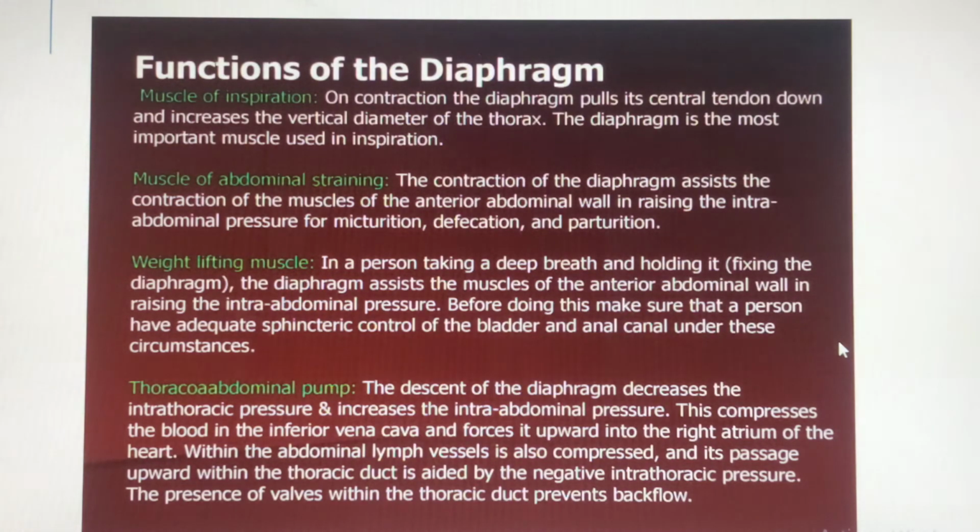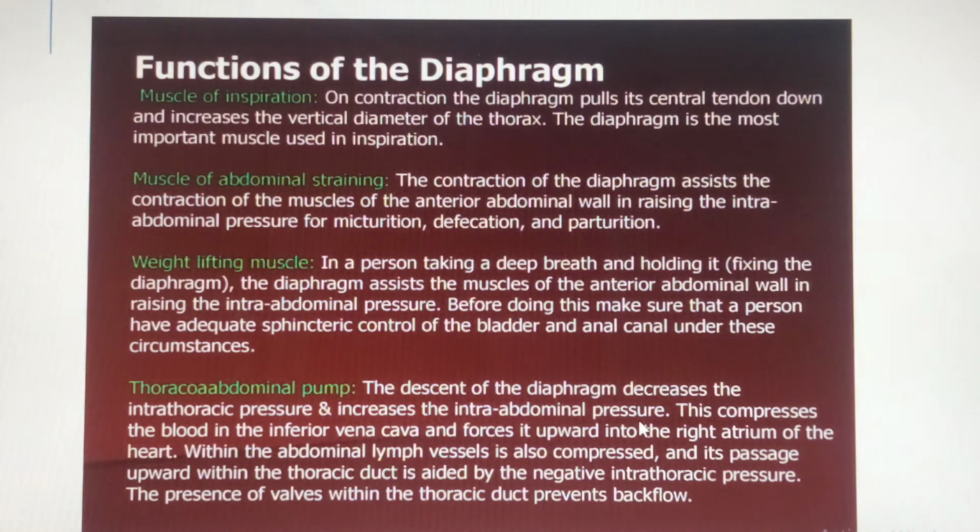One important thing is that the diaphragm, as it descends by contracting, decreases intrathoracic pressure. That's very true, but it increases intra-abdominal pressure, because as it pushes on the abdominal viscera, the space there decreases.